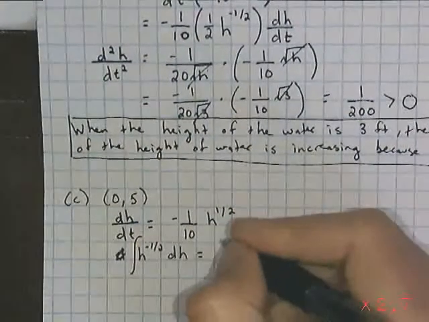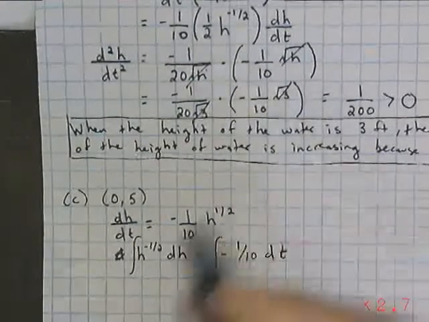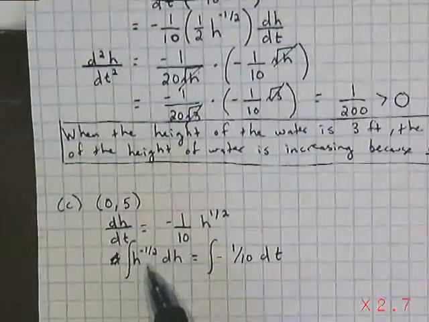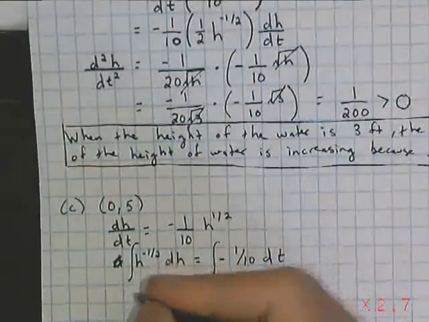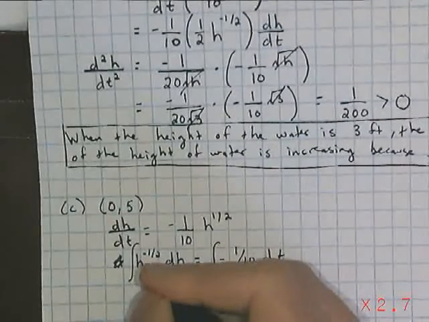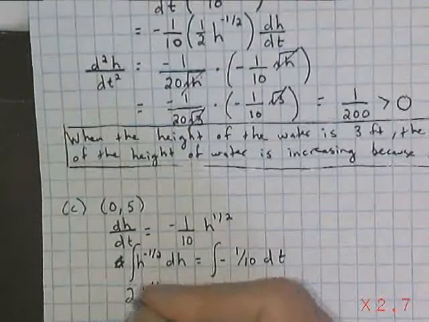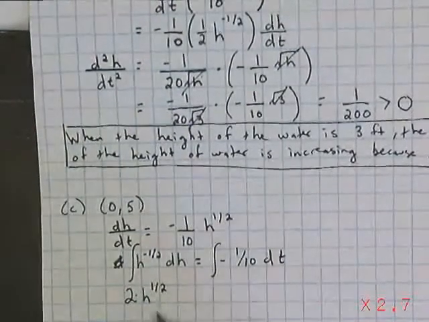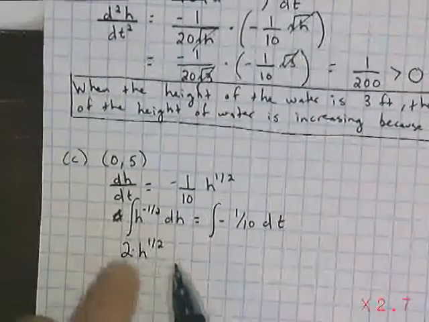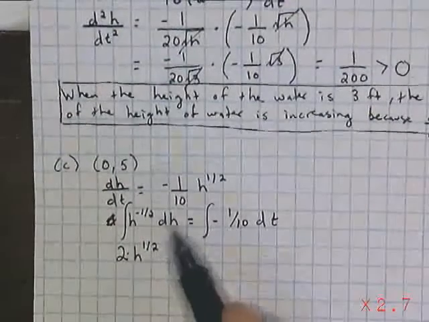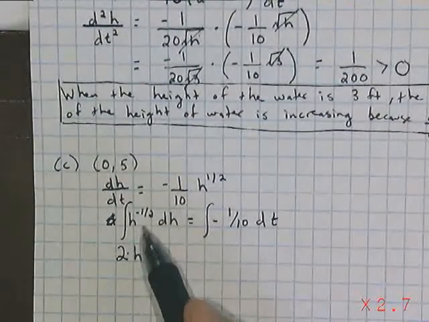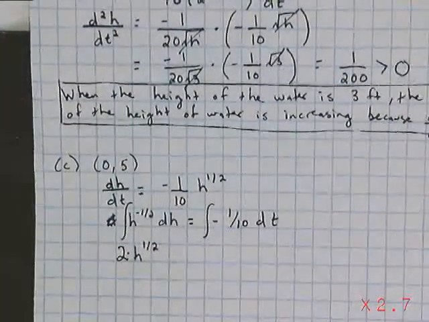Integrate on both sides. And since this is just a power rule, this should be pretty simple. We'll get h to the 1/2, and we need to multiply by 2 when we do anti-differentiation, because if we drop that down to get to our h to the negative 1/2, we need the 2 to cancel with the 1/2.